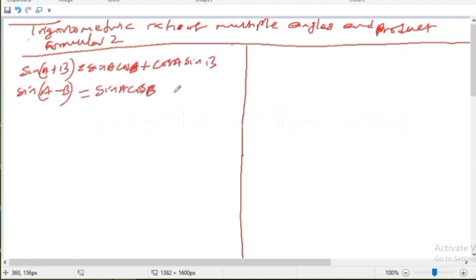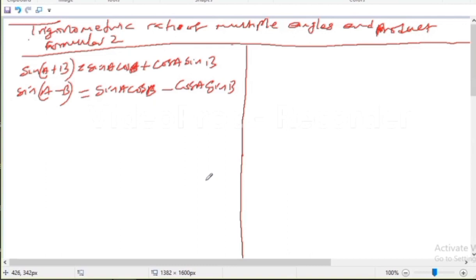cos B minus cos A sine B. So hope you've not forgotten, I told you that sine retains its sign, that if it is plus, it's plus, if it's negative here.